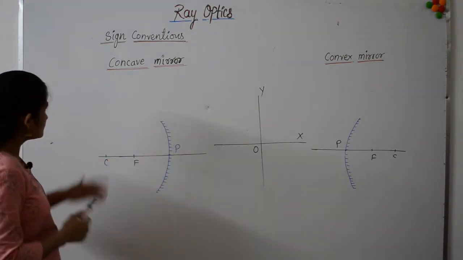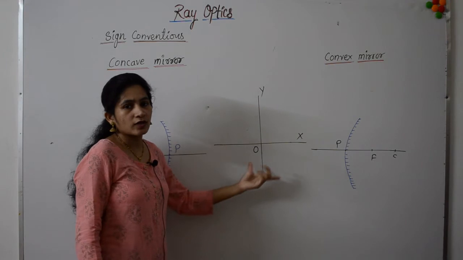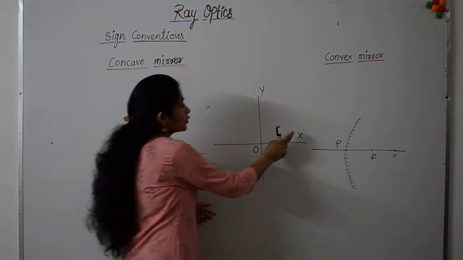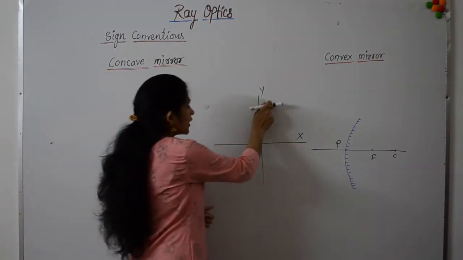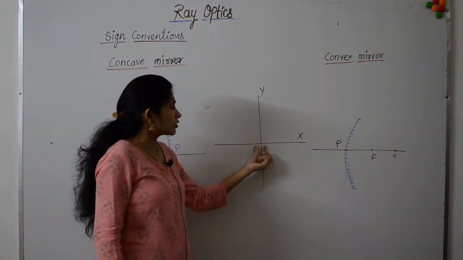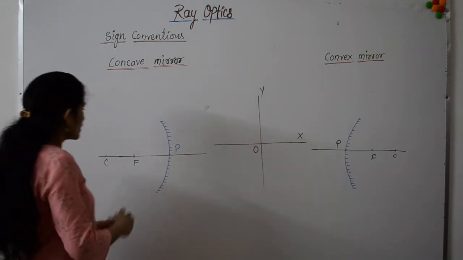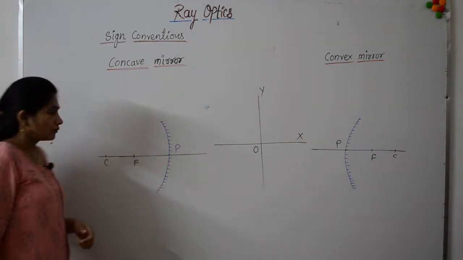So let's start. This sign convention will compare with Cartesian coordinate system in which we have two axes, x and y, which are perpendicular to each other and their intersection is called as origin. Now let's compare the sign convention with this coordinate system.